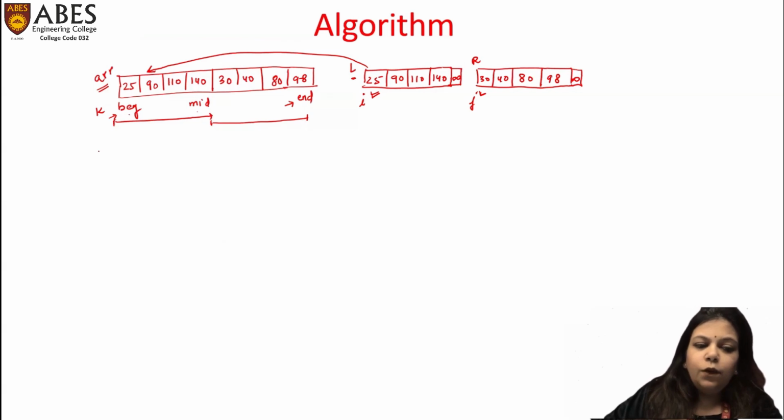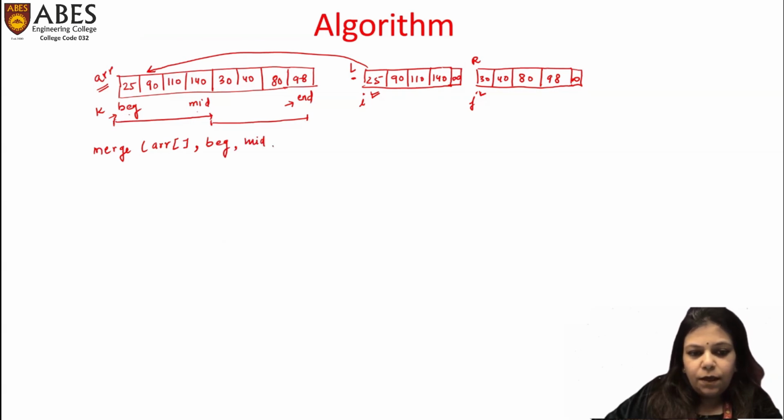We can write the algorithm for merging the two arrays as merge, having the parameters as array, beginning, mid, and end.